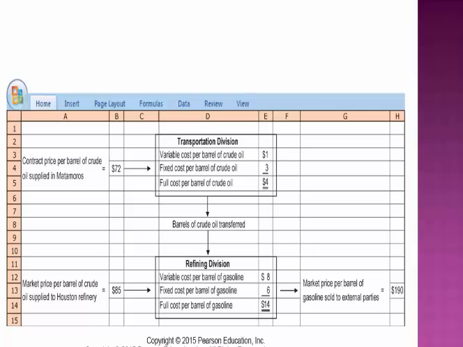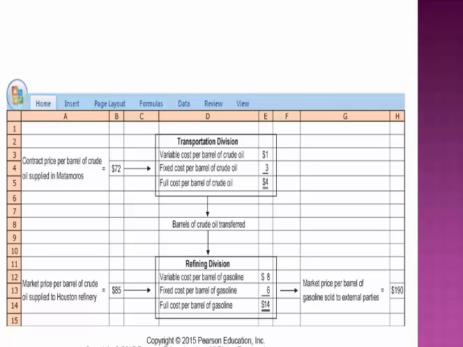To refine it from crude oil to gasoline, they have some additional costs: $8 per barrel of gasoline variable and $6 fixed, for a total of $14 per barrel of gasoline. They can then sell it for $190 to their external customers.